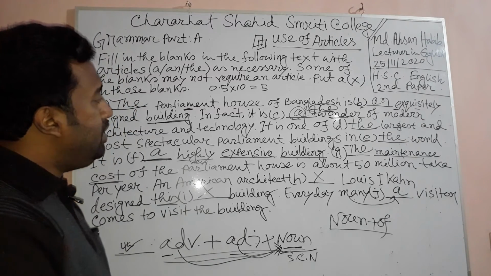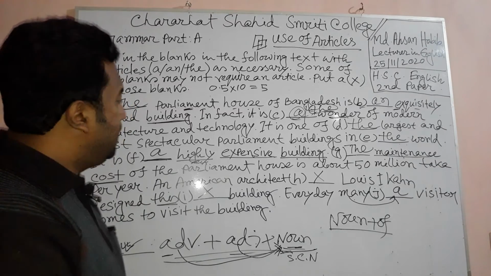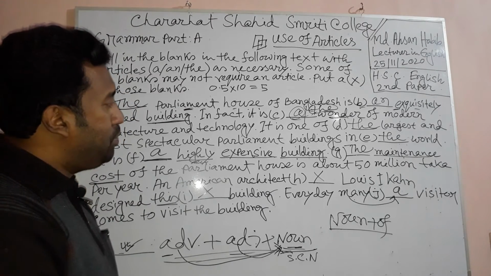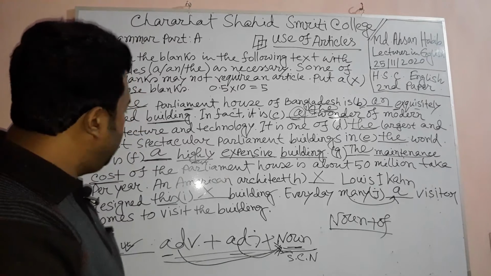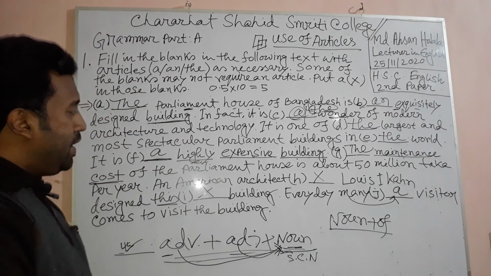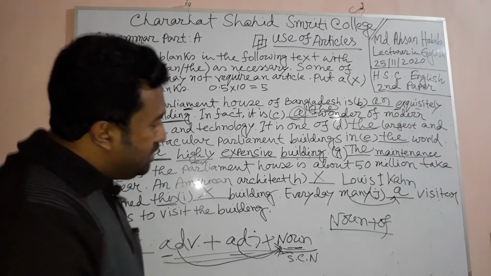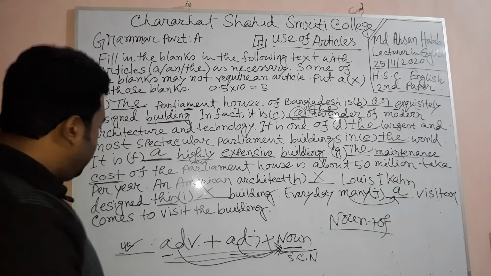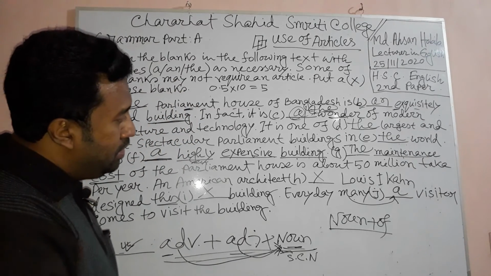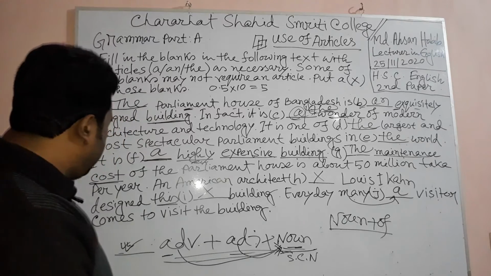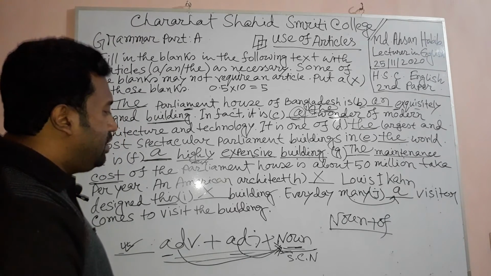It is a highly expensive building. The maintenance cost of the Parliament House is about 50 million taka per year. An American architect, Louis I. Kahn, designed this building. Every day, many a visitor comes to visit the building.